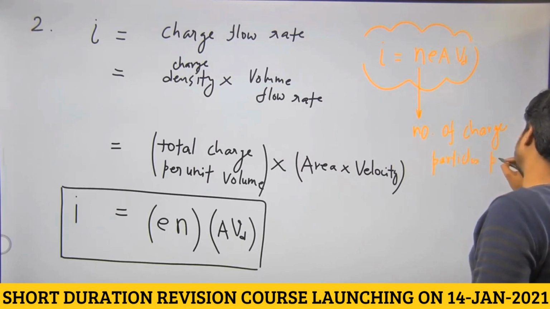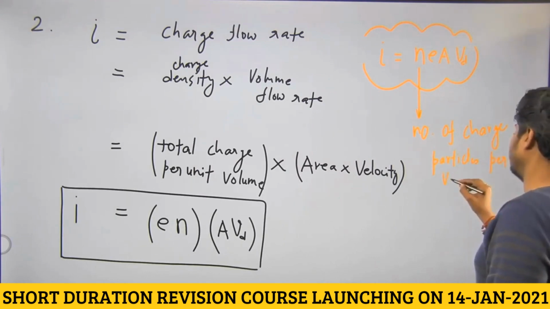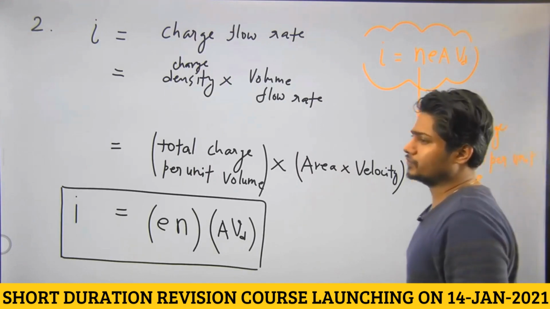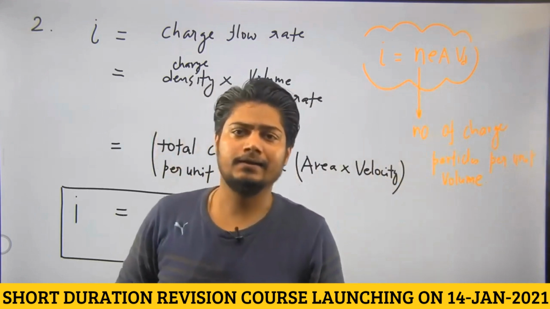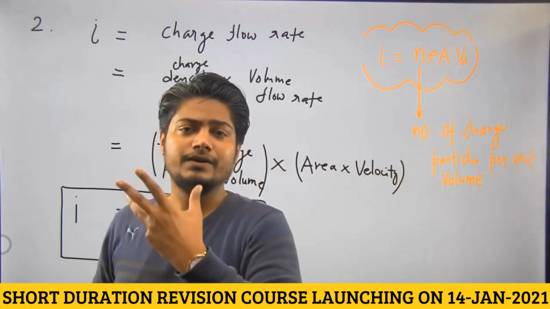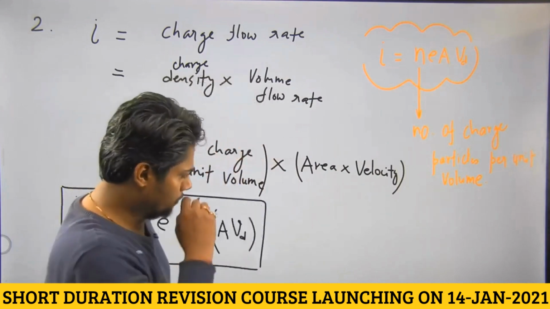So, I is equal to nEAVd, where e is the charge of the particle, A is the cross-section area, and Vd is the drift velocity.